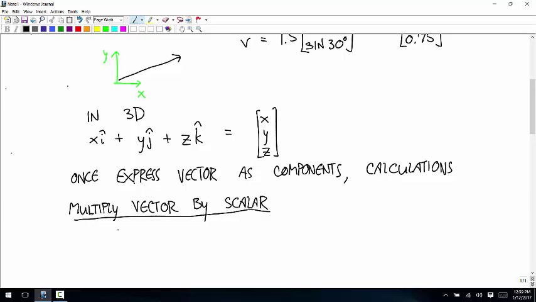So if you have a vector A, B, C, and you're multiplying it by the number D, that's the scalar. The components that you get out from this are dA for the x component, dB for the y component, and dC for the z component.